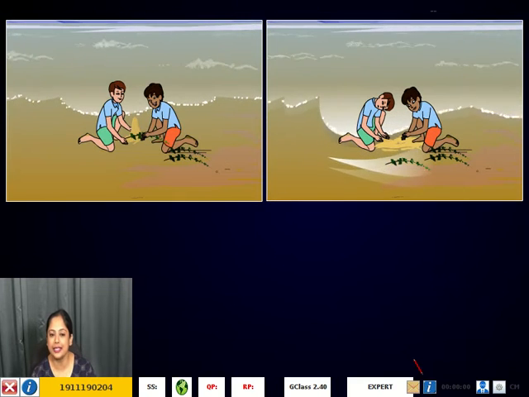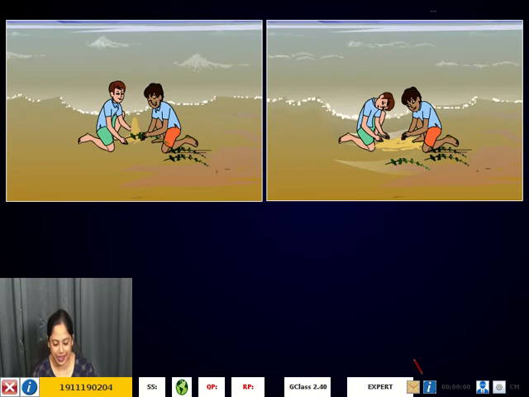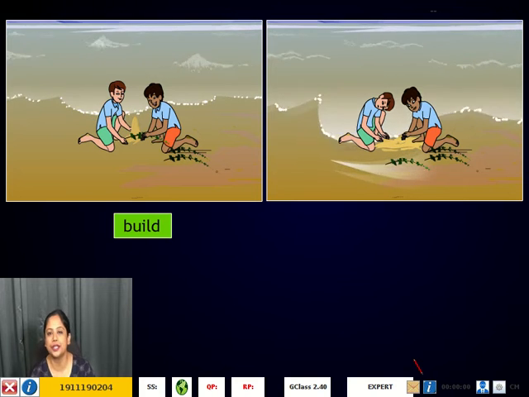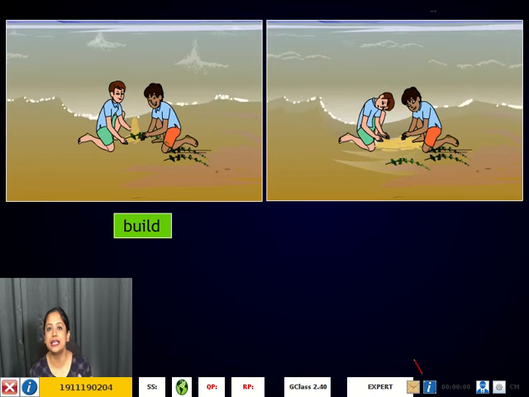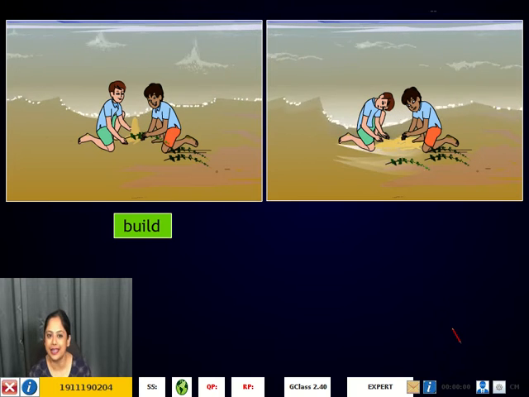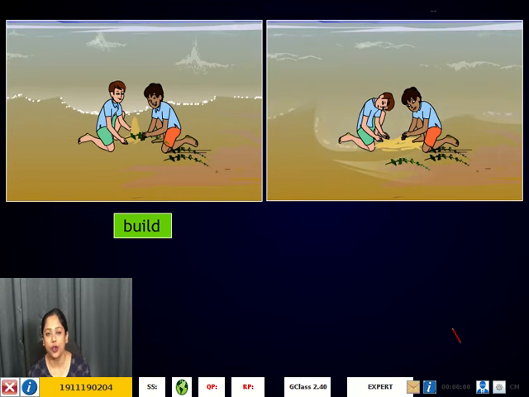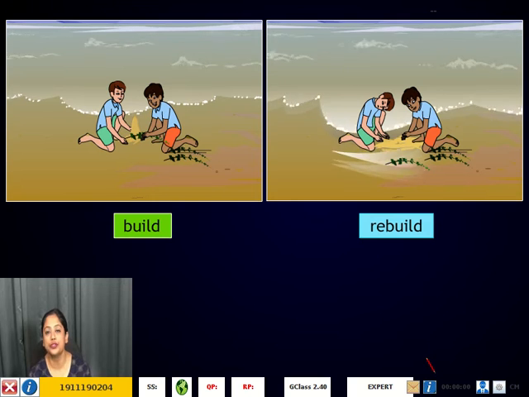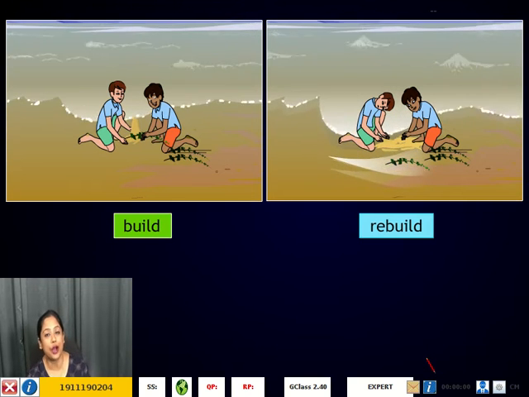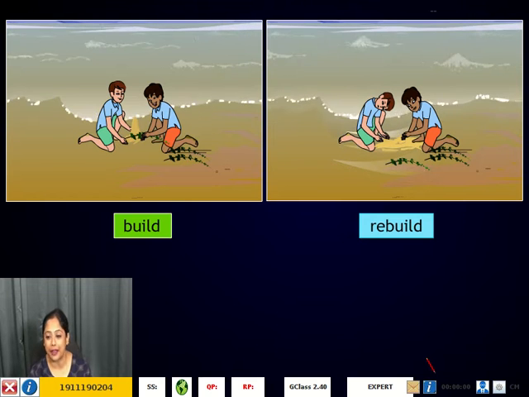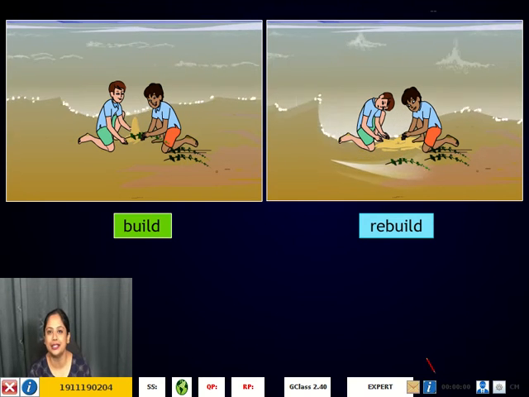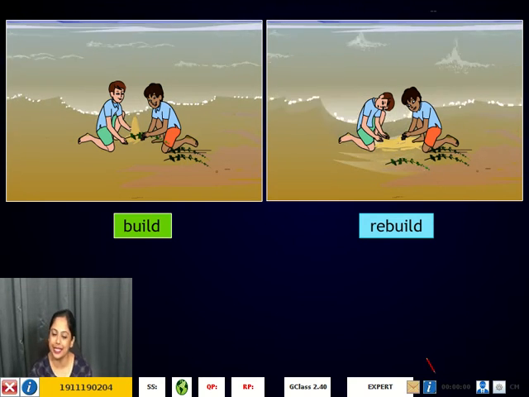Okay? Again, let's see, students. On your left, what do we see? We see two boys building something. They are trying to build a sand house, right? On your right, what do we see? The water washed away the sand house. Now what do they do? They would have to rebuild the sand house, right?